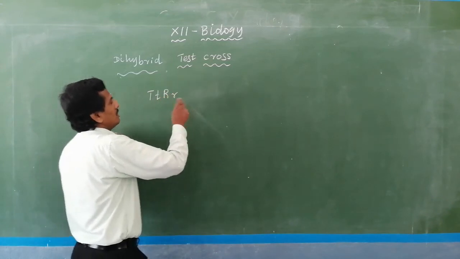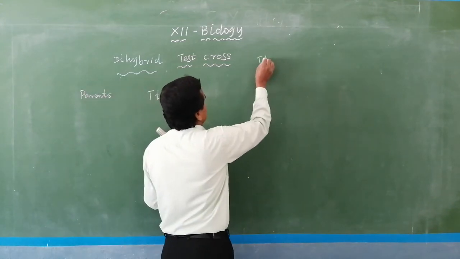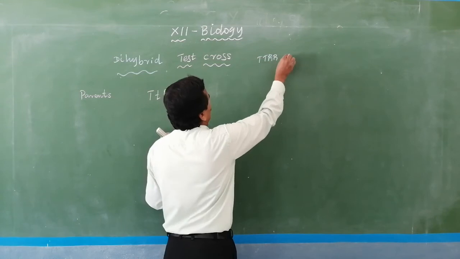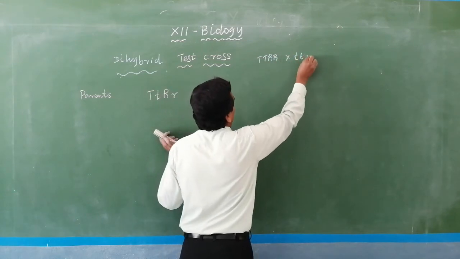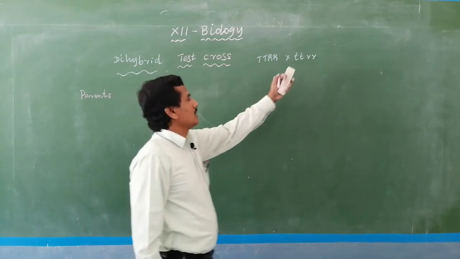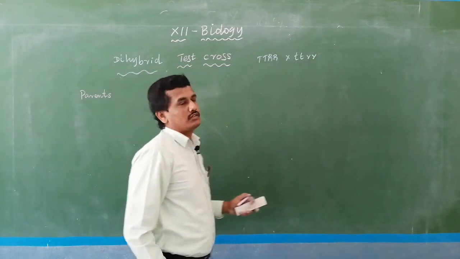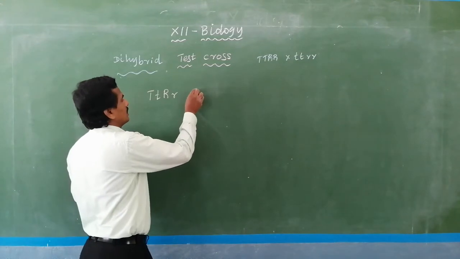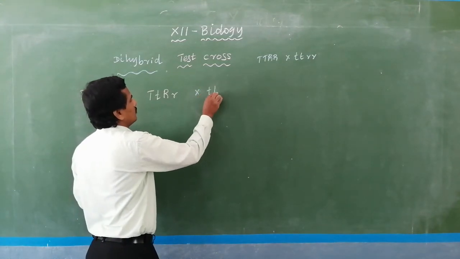So, normally what is the parent? Capital T, capital R is one parent, small t, small r is another parent. Which one is recessive? Small t, small r is the recessive. We take the recessive character, that is small t, small r.